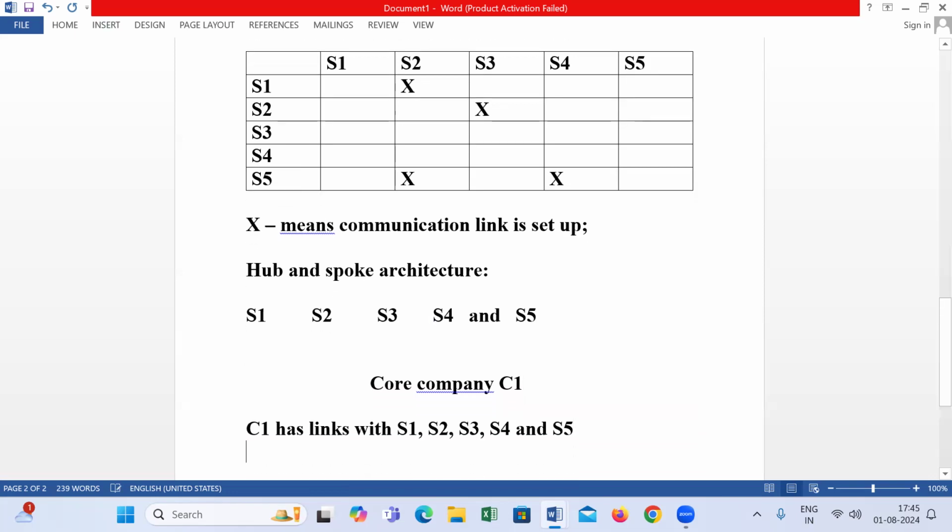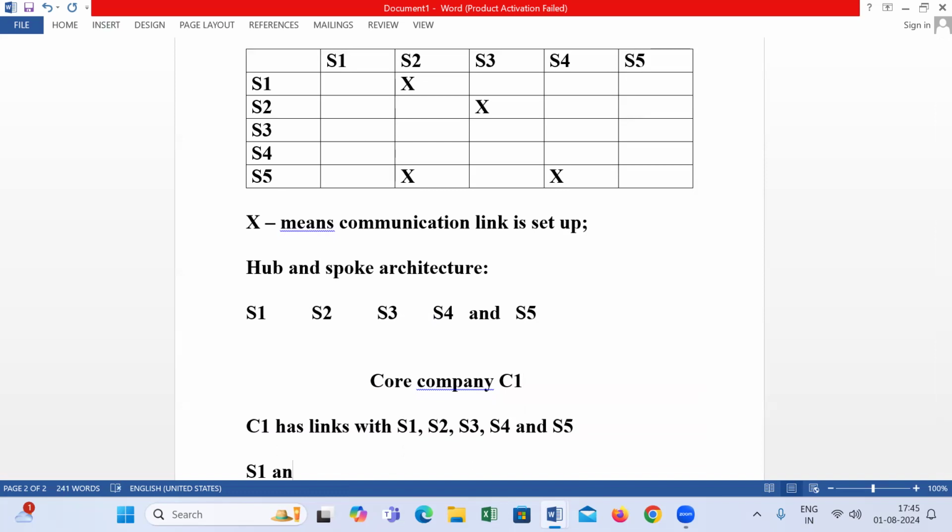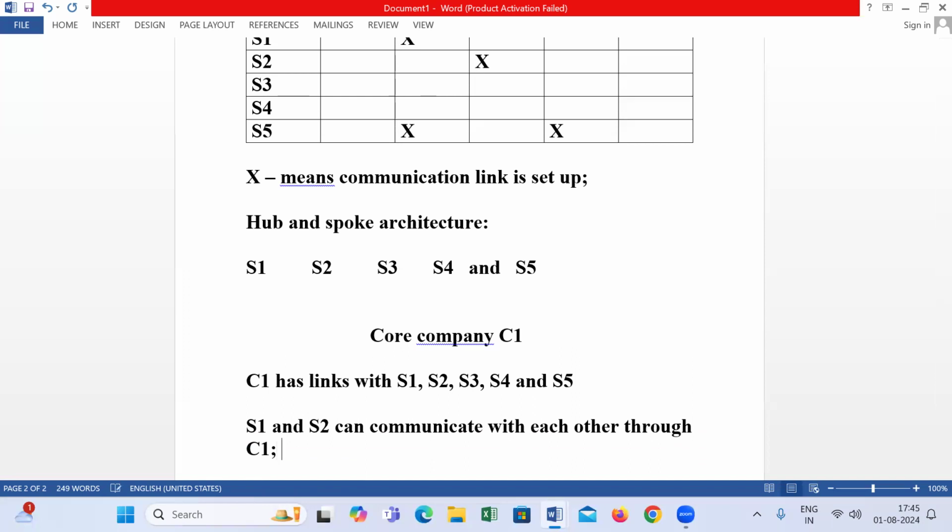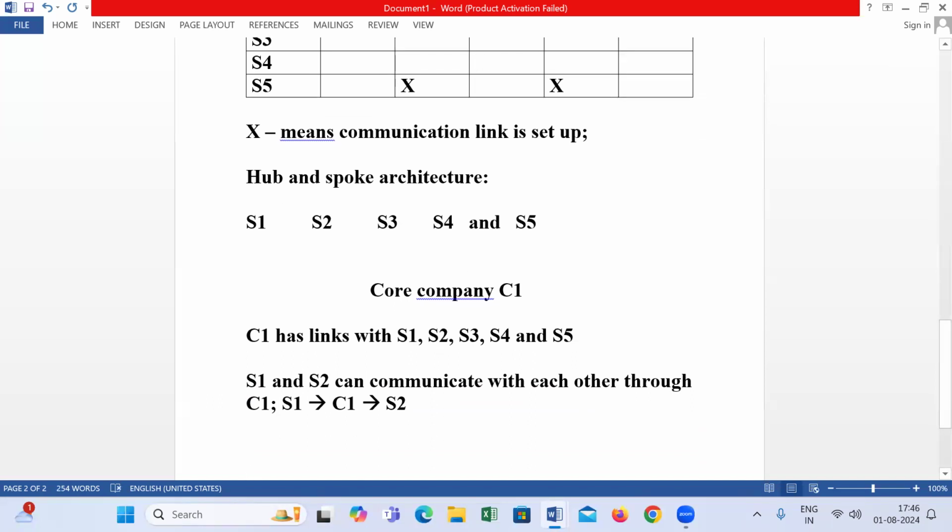So the beauty is S1 and S2 can communicate with each other through C1. S1 will send a request to C1, and C1 will send the information to S2. And if S2 wants to communicate with S1, then S2 sends a message to C1 and C1 sends a message to S1.